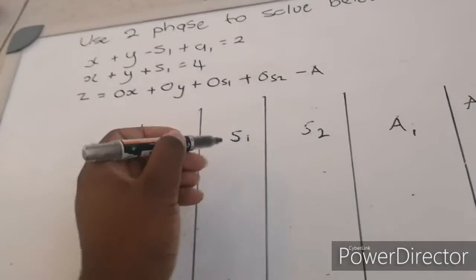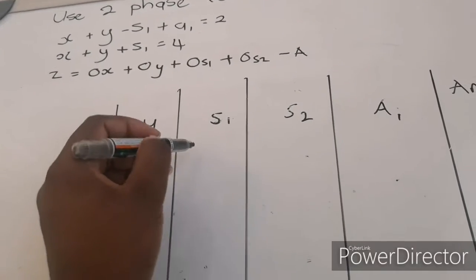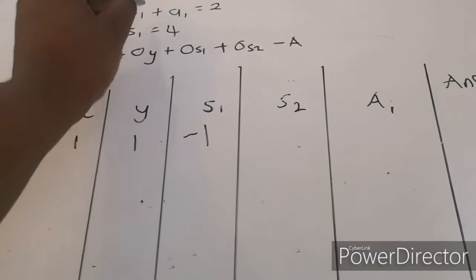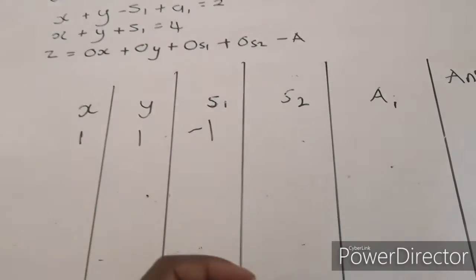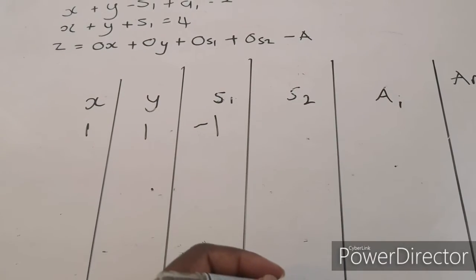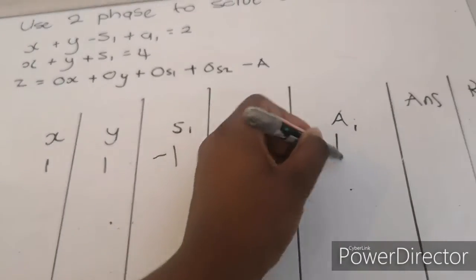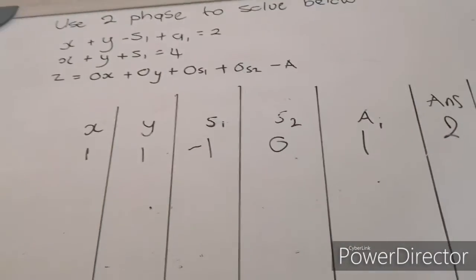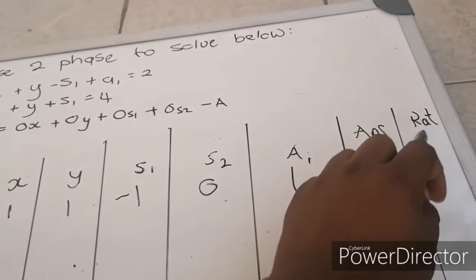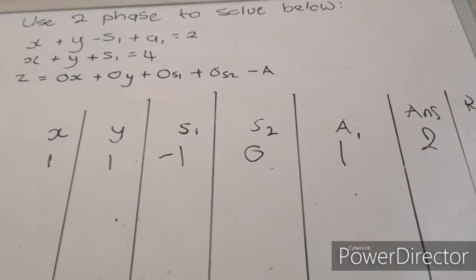We know s1 is equal to -1 for that surplus variable, and then that would be 1. That would be 0 because there's no s2 there, and that would be 1, and our answer would be equal to 2. We won't calculate the ratio at the moment.